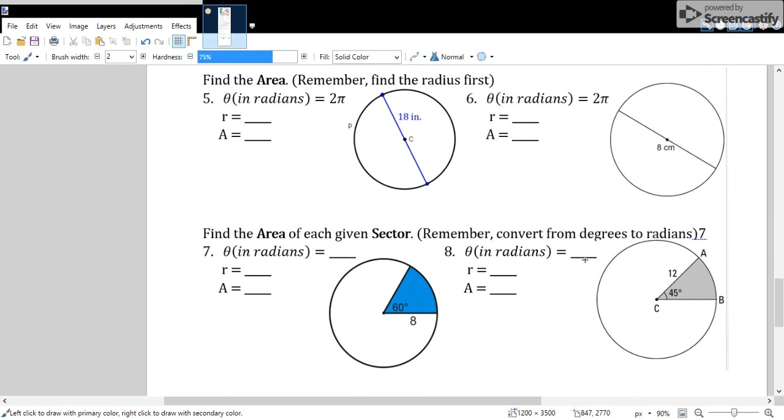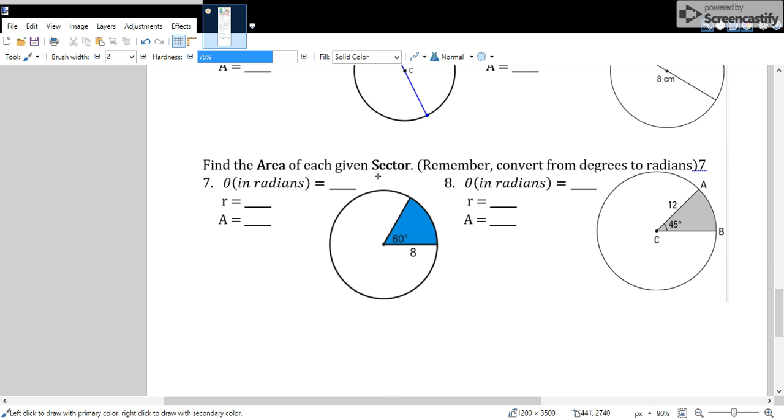And let's go ahead and skip to finding the area of the sector. Remember, you're going to convert the degrees to radians. Okay, so our theta is going to be 60 pi over 180.